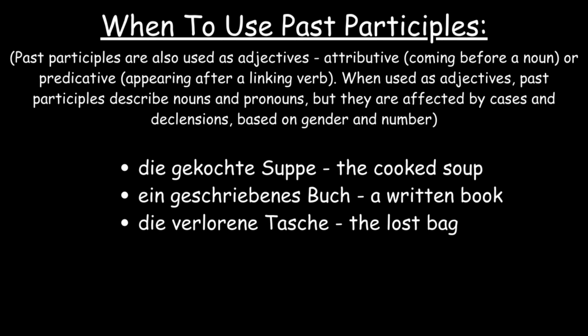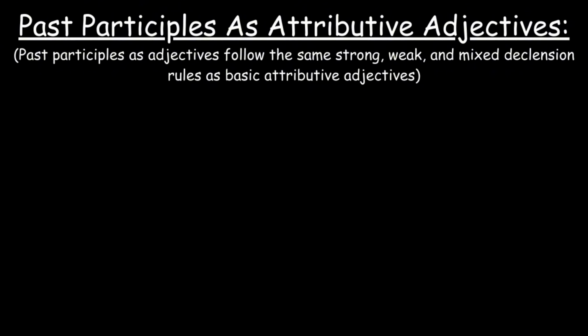In the following sentences, all grammatical elements must match, like the articles and past participles as attributive adjectives. This is an advanced rule in German, which is why past participles as adjectives require a lot of explaining. Nonetheless, past participles as adjectives follow the same strong, weak, and mixed declension rules as basic attributive adjectives.